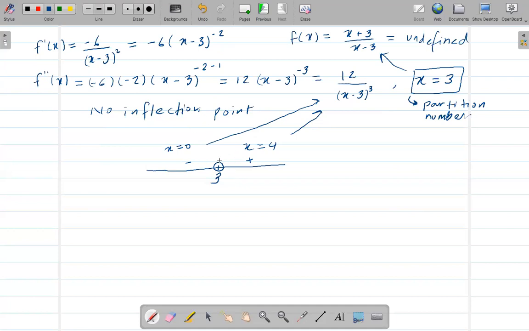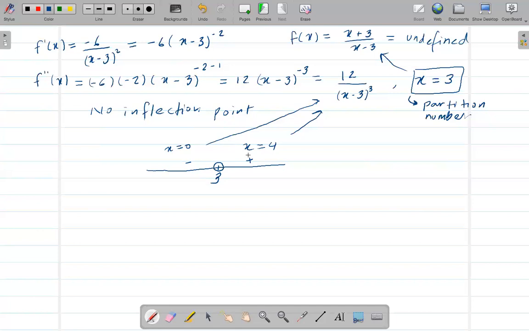And yeah, this idea is very important for the exam. So I might ask something like this. For the exam, you definitely want to review this kind of idea: why this point is not an inflection point, even though there is a sign change.